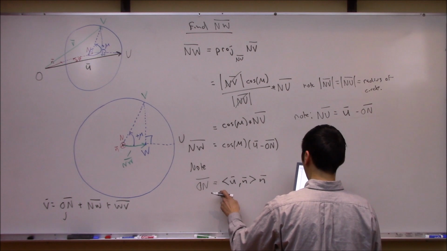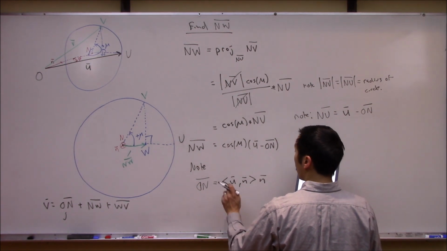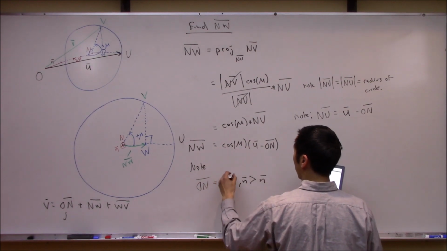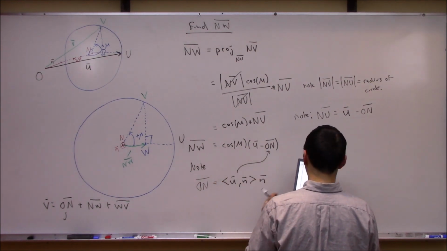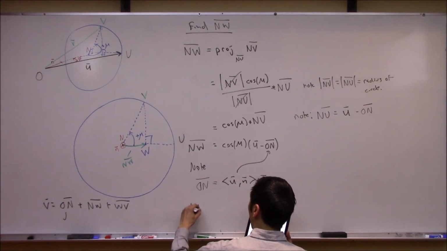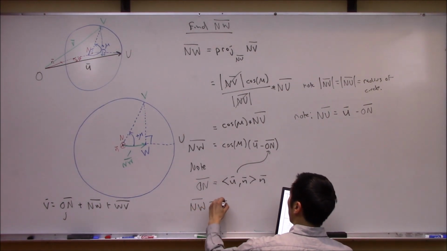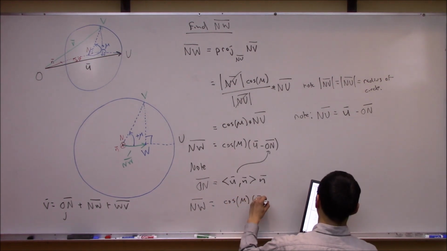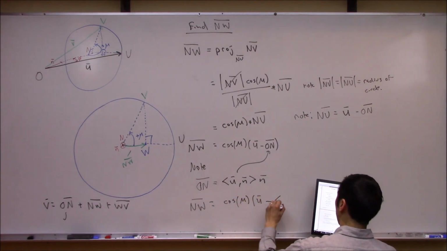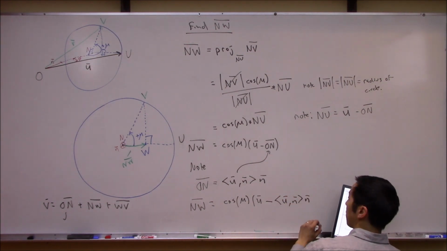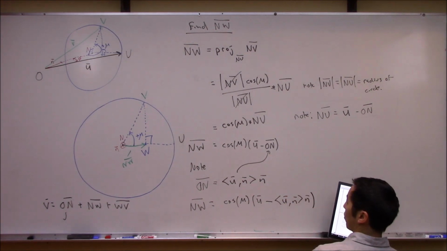So this was from equation 1 that we just had, okay? So now I can substitute this into here. Take this expression, put it into ON, and we end up with basically our final expression here. NW is going to be cosine of mu times U minus inner product of U and N times N, in parentheses.